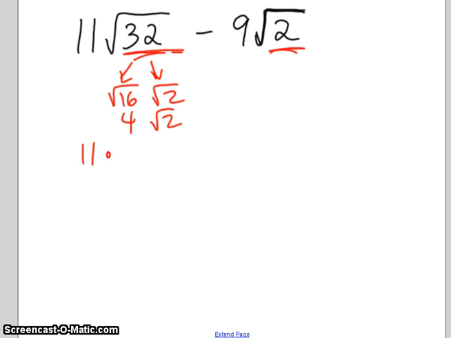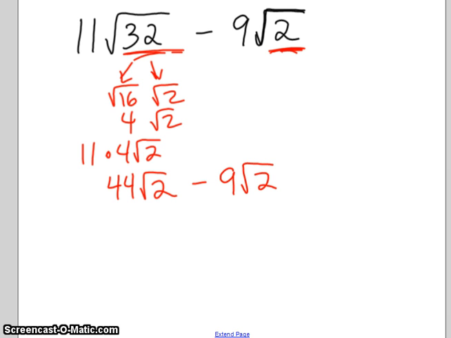So we have 11 times 4 square root 2, which is 44 square root 2. And we're going to subtract 9 square root 2. We can't simplify the square root of 2, so we have 9 square root 2. 44 minus 9 is 35 square root 2.